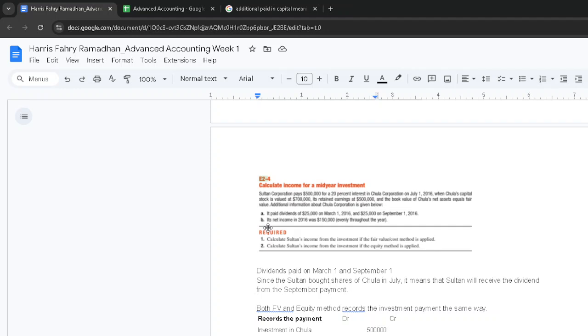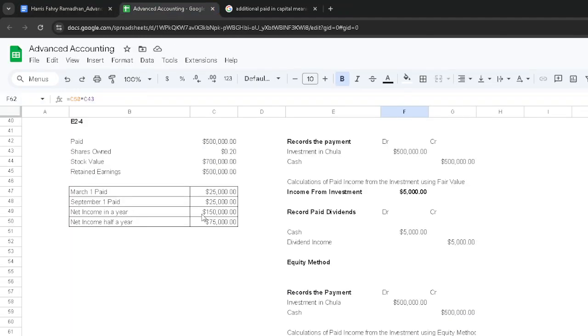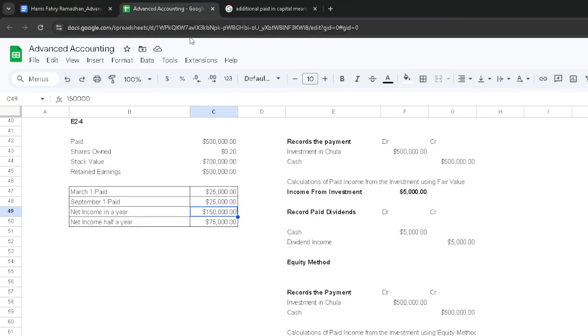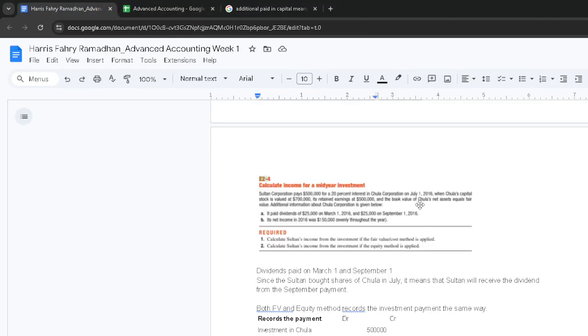In B, they provided the net income in 2016 of 150,000, which was evenly spread throughout the year. What this means is that because we're purchasing 20% of the company on July 1, which is kind of in the middle of the year, we can assume that if it's evenly spread throughout the year, then if we divide it by 2, we should be getting the net income from July 1, the date we purchased, until December, which is half the year.